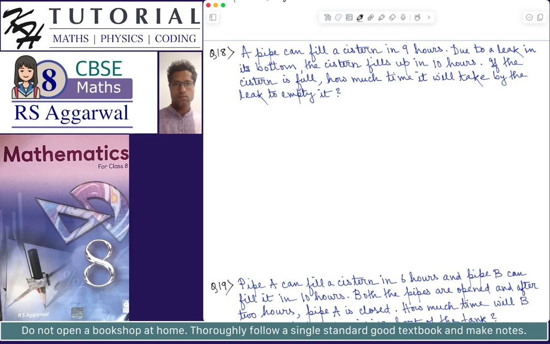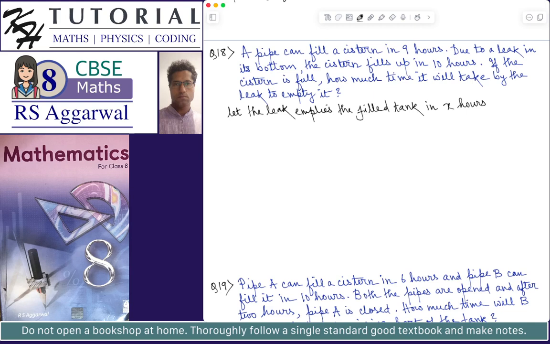So let me assume that the leak empties the filled tank, that is, completely empties the filled tank in X hours. Okay.